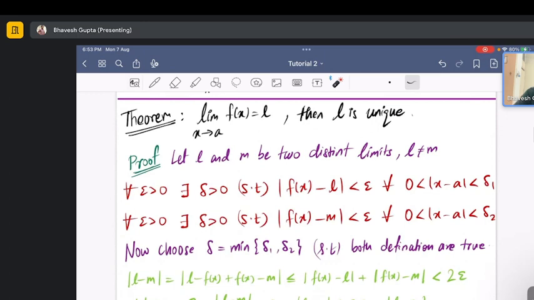Now the most important theorem is this: I don't want to check whether my limit is unique or not. It's better I use a theorem which already exists, because in mathematics you should know what to use and what not to use, when to verify, when not to verify. If the work is already done, it's better to use that.